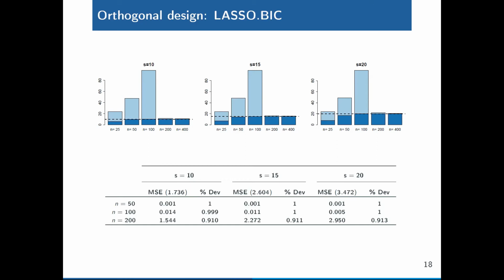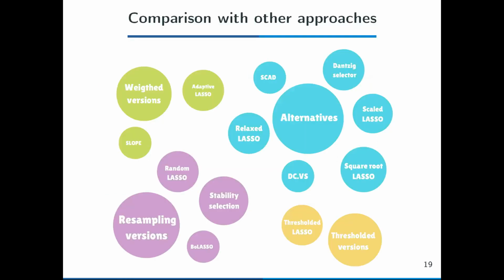So at this point, we have seen that the Lasso performs badly under orthogonal design, under independence. So we want to compare its performance under dependence with other methodologies in order to test if we can improve its results.